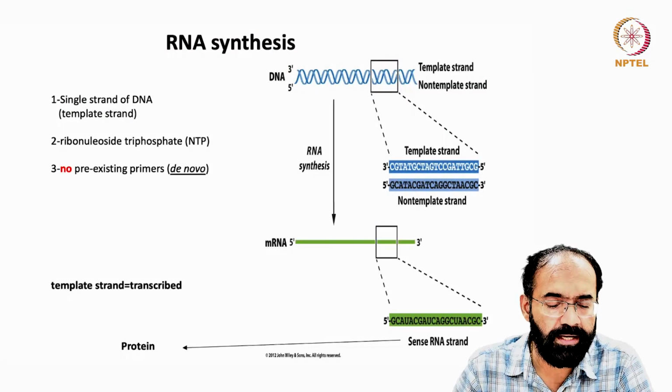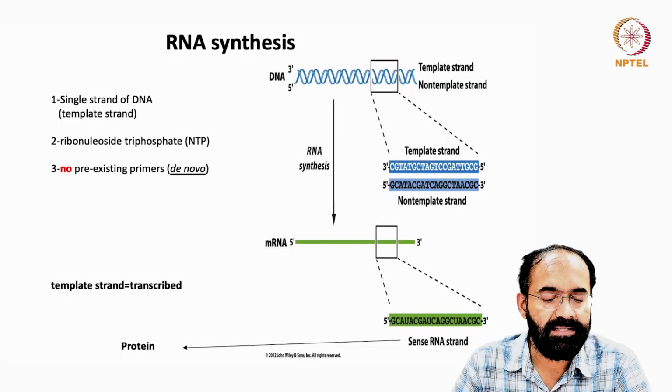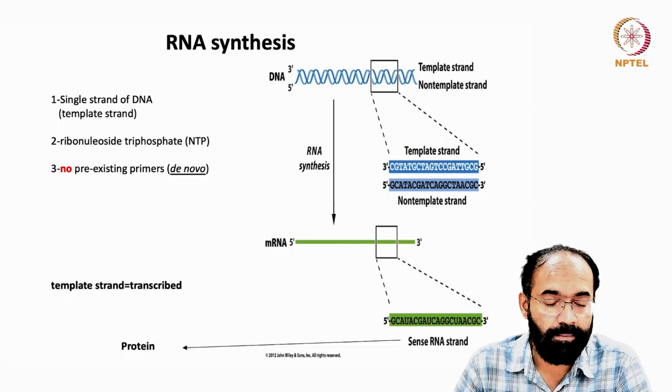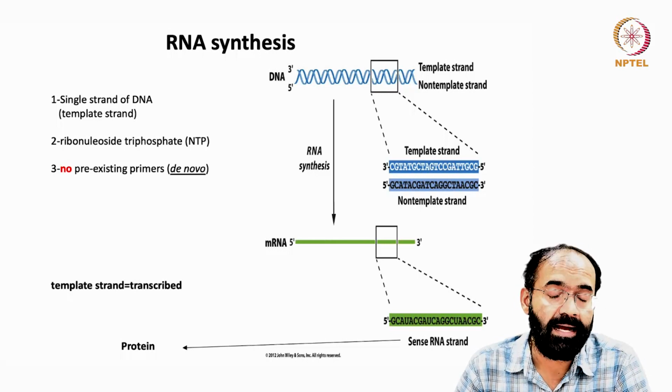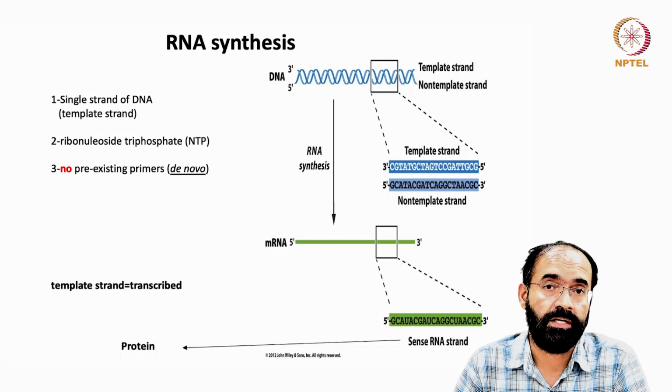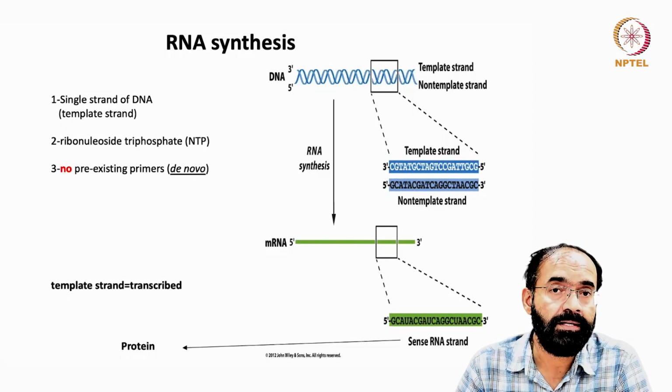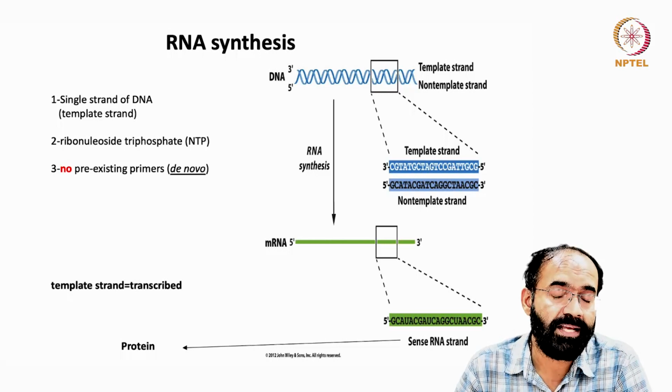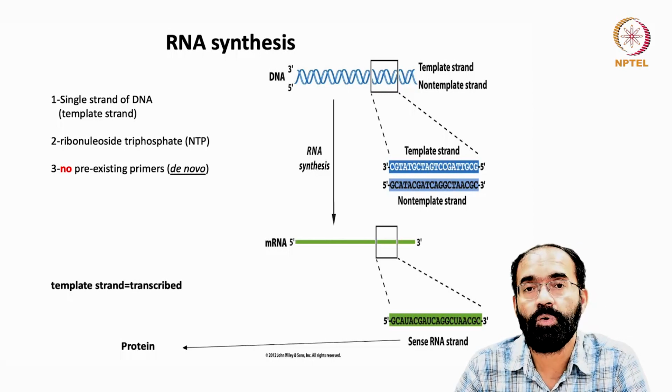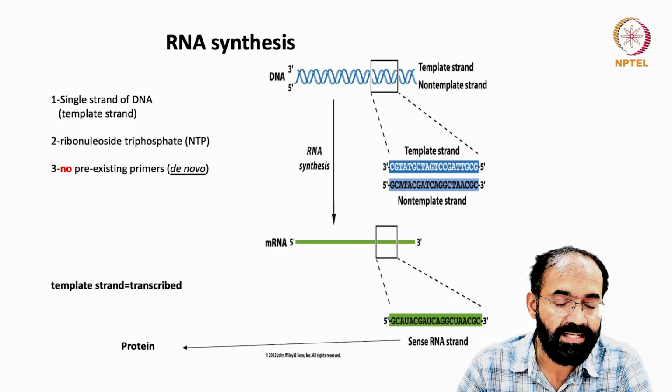So if you look into the RNA synthesis, a single strand of the DNA, the template strand, can act as the source of information. That means a template that can make a copy of the opposite strand, making a complementary strand that is equivalent to the opposite strand or the sense strand.